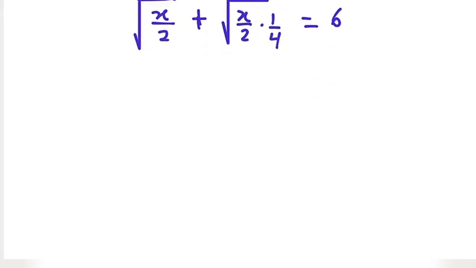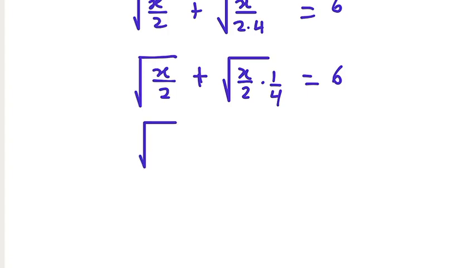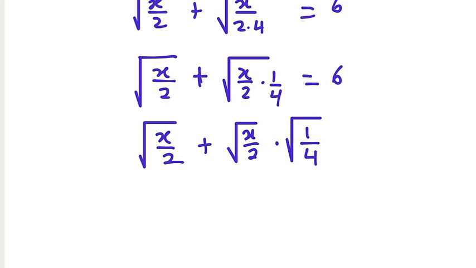So we have the square root of x over 2, plus the square root of x over 2 multiplying the square root of 1/4. You can separate it like this, equals 6. Now you can see that we have something common.